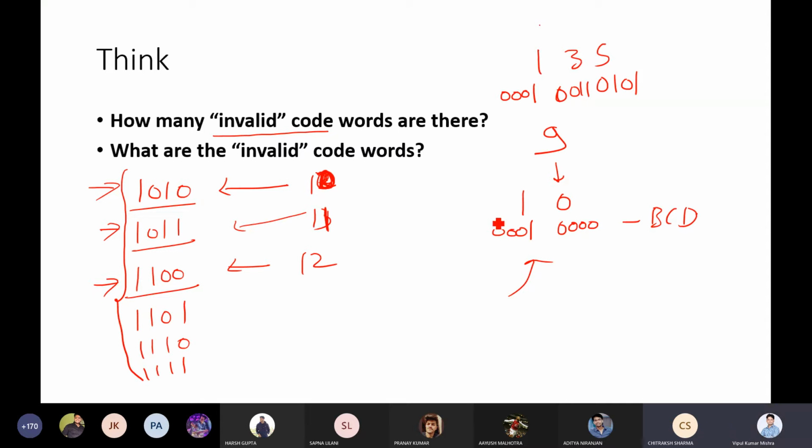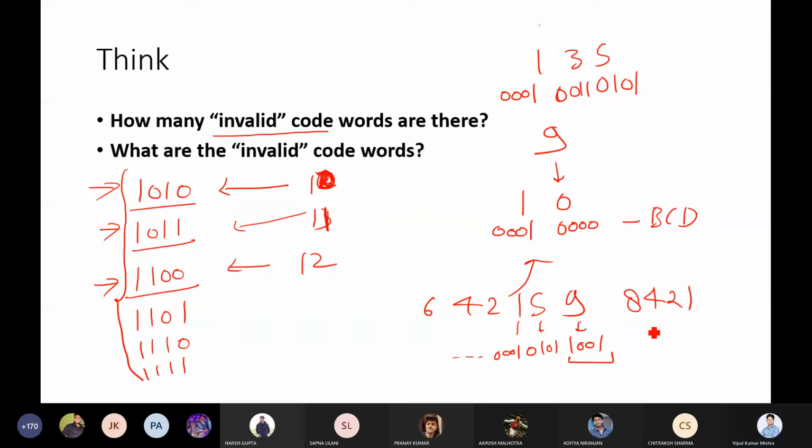Always. For example, you are saying 642159. Then it will be represented like this: 6 is 0110, 4 is 0100, 2 is 0010, 1 is 0001, 5 is 0101, and 9 is 1001. So you are always representing individual numbers with a 4 bit combination. And this code is known as the 8421 code, because you are using these weights 8421.